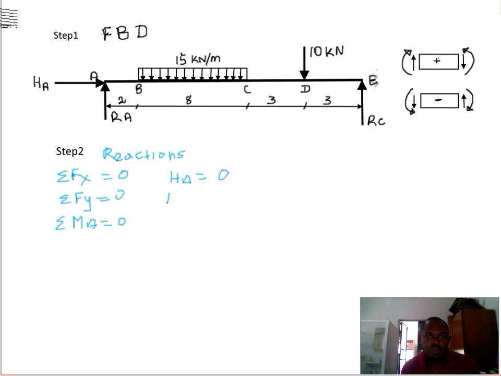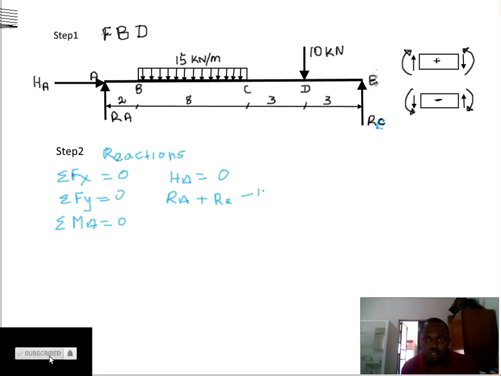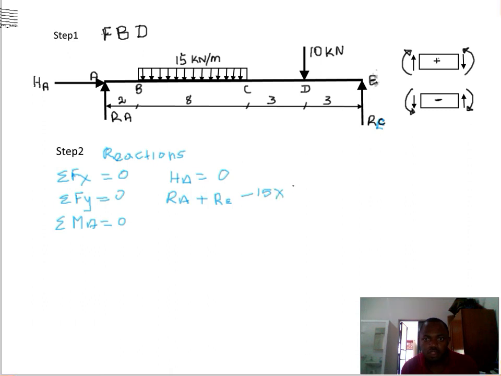So we have RA plus RE minus 15 times 8 minus 10 equal to 0, and then the sum of moments.